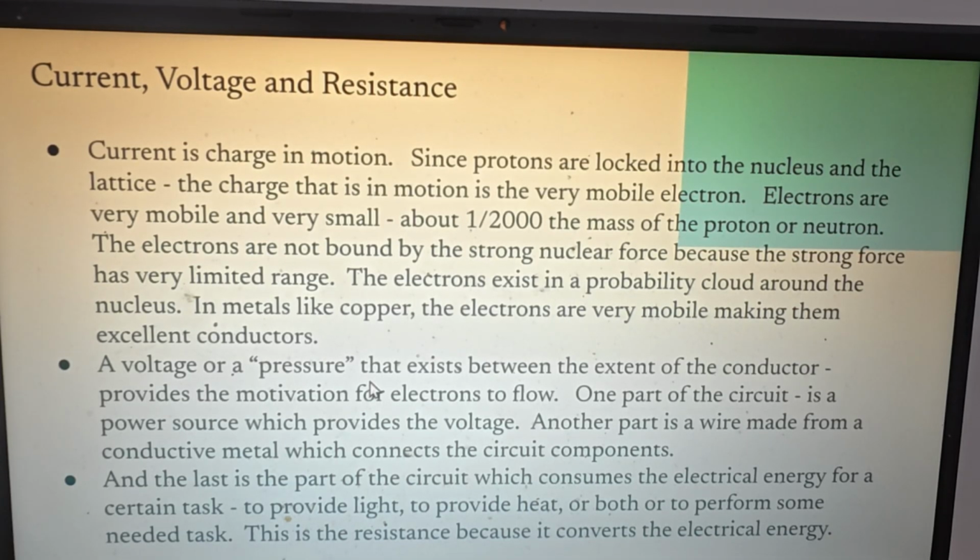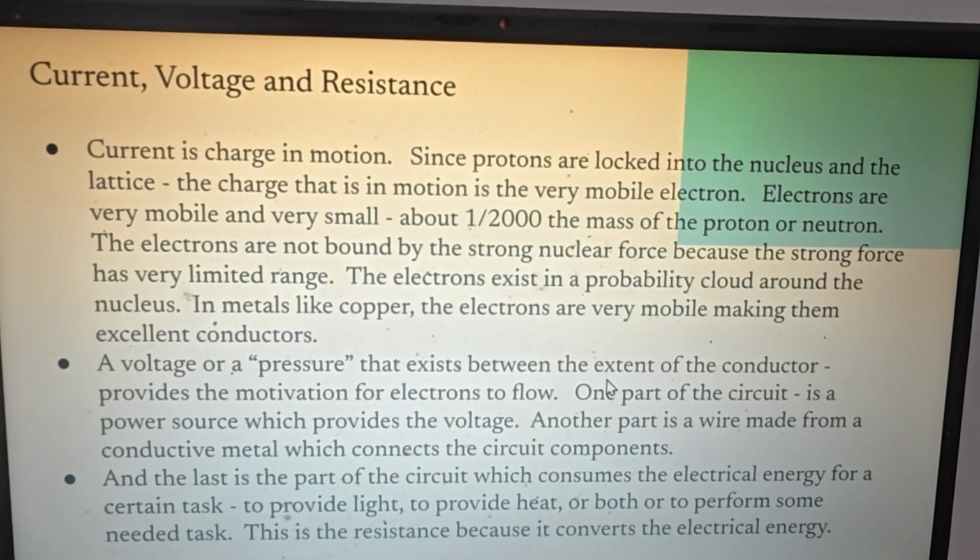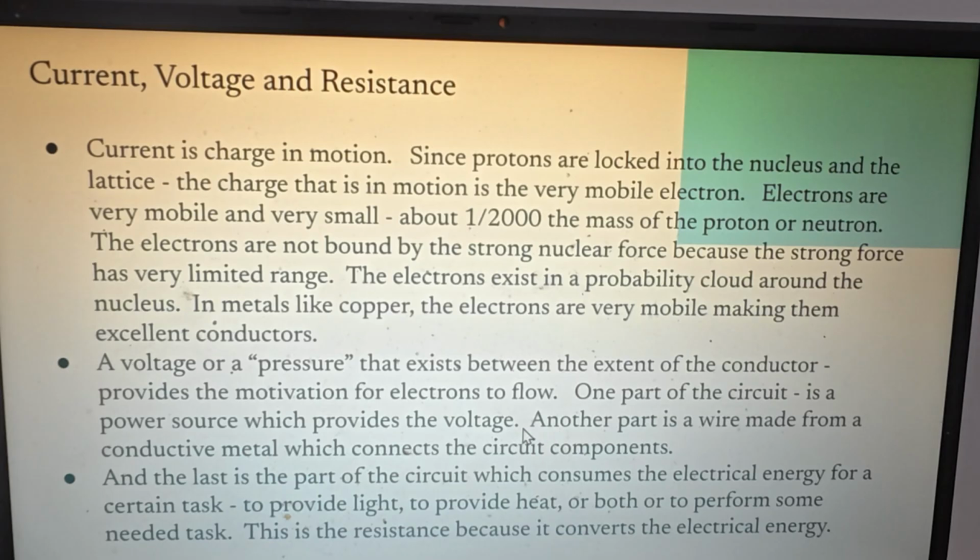Now we can picture voltage as a pressure that exists between the extent of any conductor that provides the motive force, the electromotive force, for electrons to flow. One part of the circuit, the power source, provides this pressure.